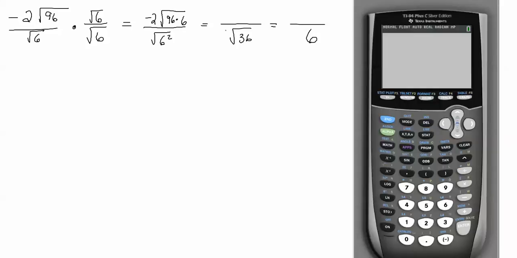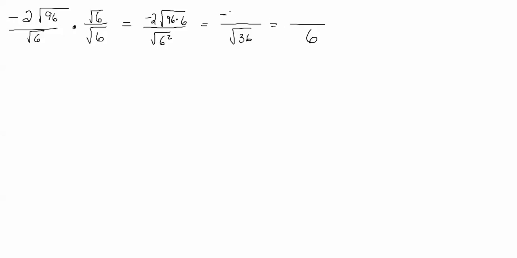So here's my calculator. I take 96 and multiply it by 6. And that gives me 576.